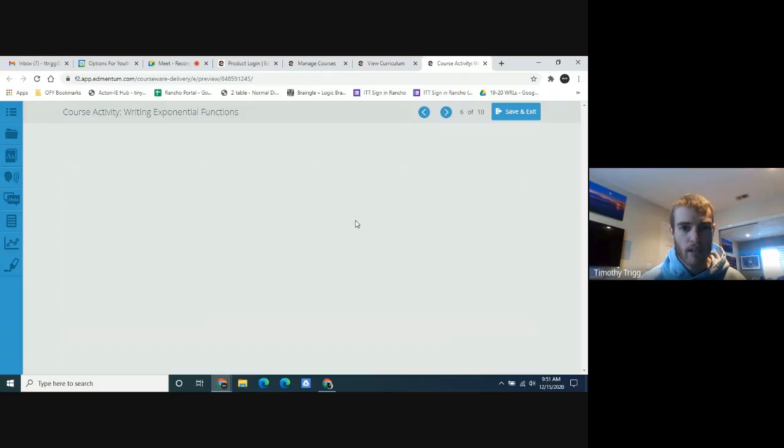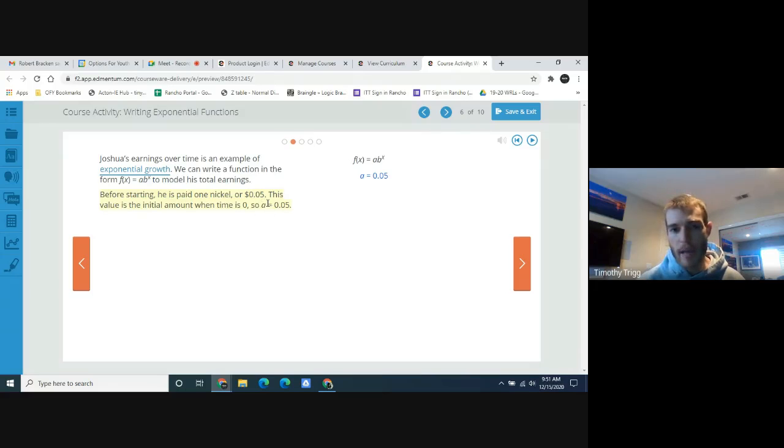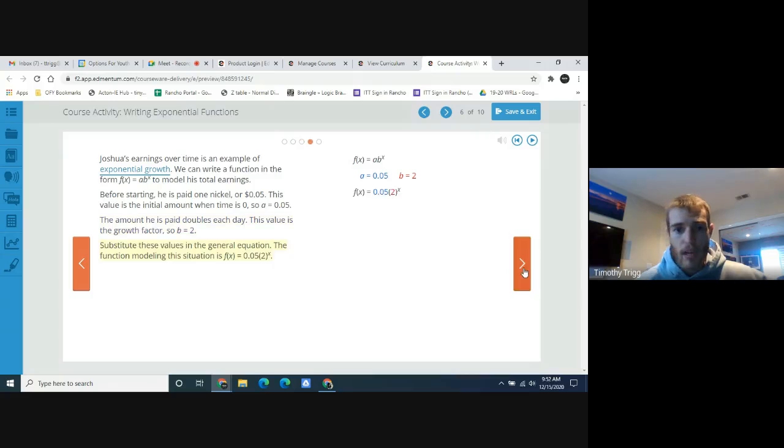And this will make more sense as we go. Okay. So again, we're talking about a. A is the beginning amount. So in Joshua's case, the beginning amount a is 5 cents, 0.05. The rate at which it grows is 2 because it doubles each time.